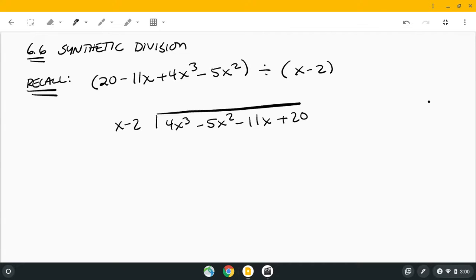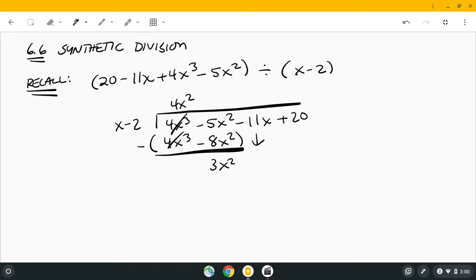Okay, and then we would try to figure out, okay, x times what is 4x cubed, right? So it's 4x squared. And then we multiply, so we get 4x cubed minus 8x squared. And then we subtract this. These guys cancel. That becomes positive 8. Minus 5 is 3.